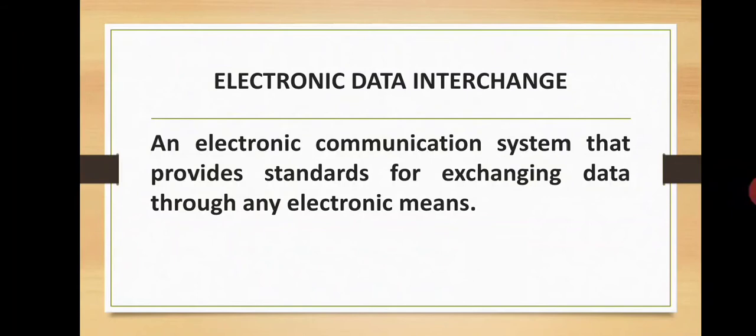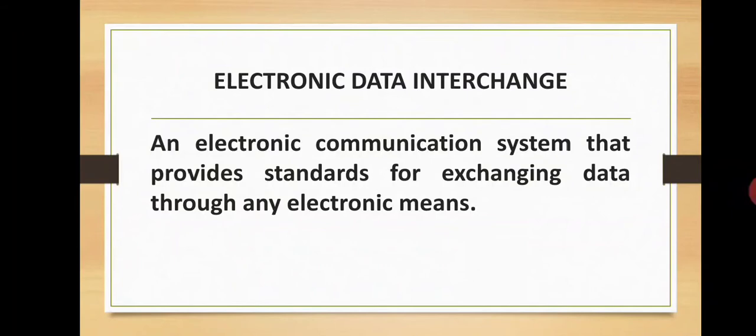And next is outbound communication. Here the sender's computer connects to a WAN. Upon successful receipt, the WAN processes and routes the transaction to the electronic mailbox of the receiver. So these are the steps in electronic data interchange.